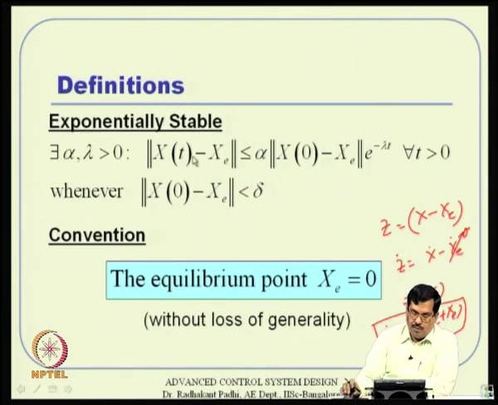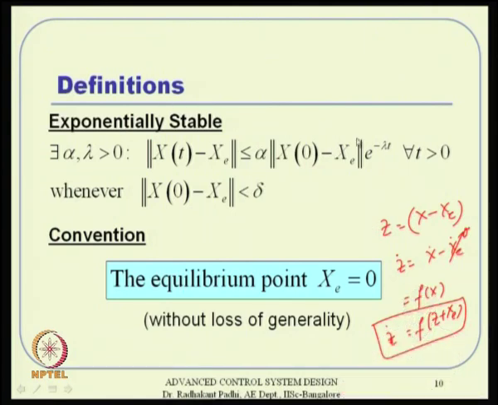Then there is a notion of exponential stability, that means not only does it go to 0 and remain bounded on the way, but the rate of decay is exponential, where my original distance and the distance from the origin at any point of time are related by this inequality condition.